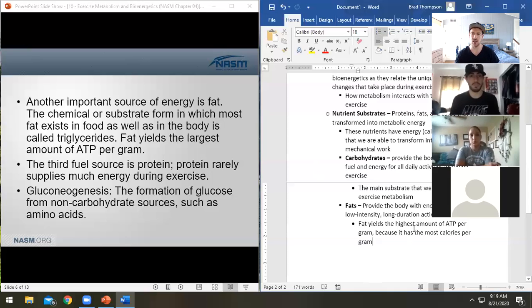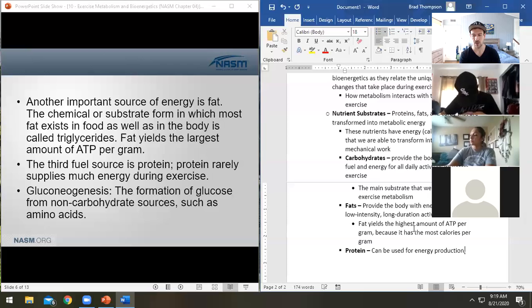Now, protein, we do not really want to use as an energy source. It does have calories in it, right? But protein can be used for energy production, but is typically used rarely. The body will try not to use protein for as long as it can.